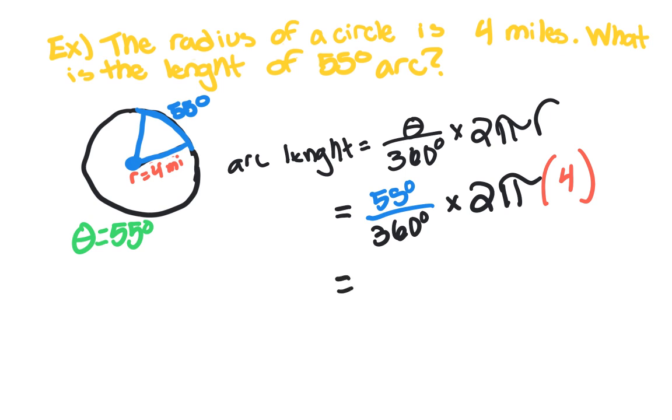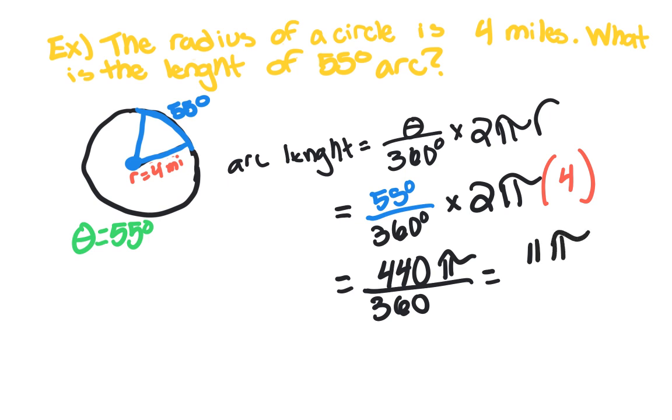So then you get out your calculator. 55 times 2 times pi times 4 is 440 pi over 360, which reduces. When we reduce 440 over 360, it's just 11 pi over 9. You can write it like that, or you can do 11 over 9 times pi. Just make sure pi is not in our denominator.